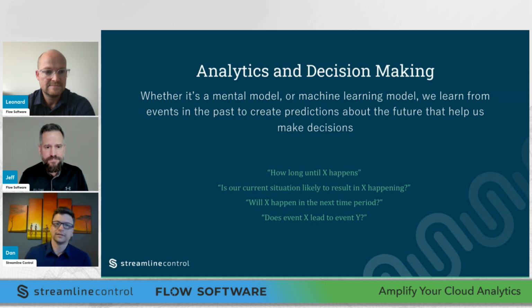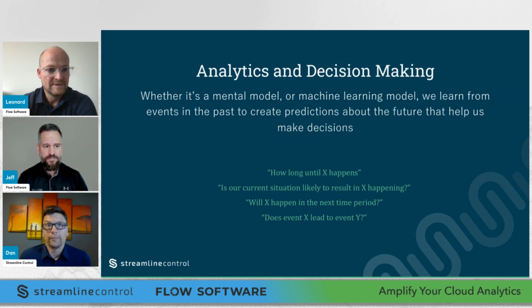And that could be happening all through analytics and machine learning models, or it could be happening all within the heads of your subject matter experts in the field, or somewhere in between, right? But ultimately, that's the pattern that happens, and the goal of our analytics is really to drive more data-driven decisions around that.